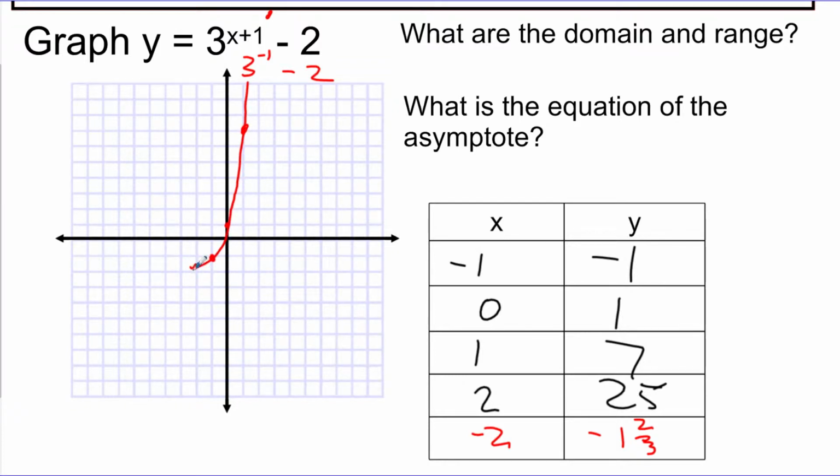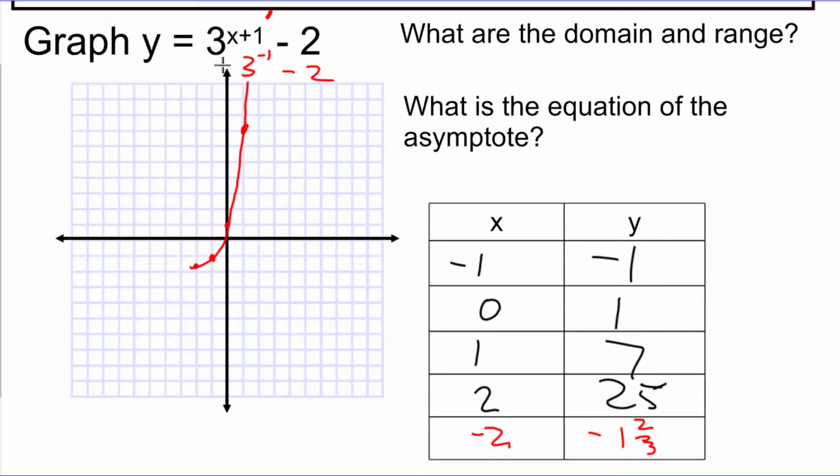And now we've got to decide what to do with this tail. So I'm going to come over here to this question: what is the equation of the asymptote of this? To remind you what the asymptote was, it's some line that the graph will approach, but it will never quite go through that line, right? So it's kind of like a wall. The graph starts to get close to it, and it starts to flatten out because it can't go beyond that wall.